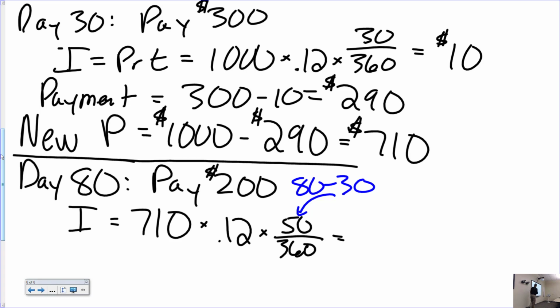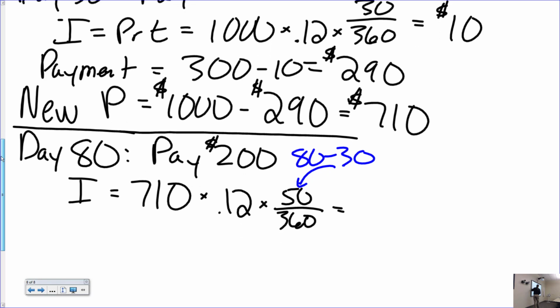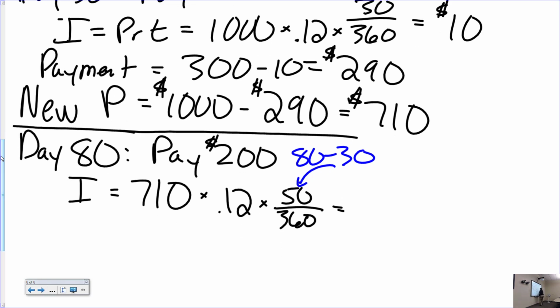So how much interest? $11.83. Now, that makes me a little nervous, right? Because I paid $10 of interest the first time, and now it's supposed to be less.